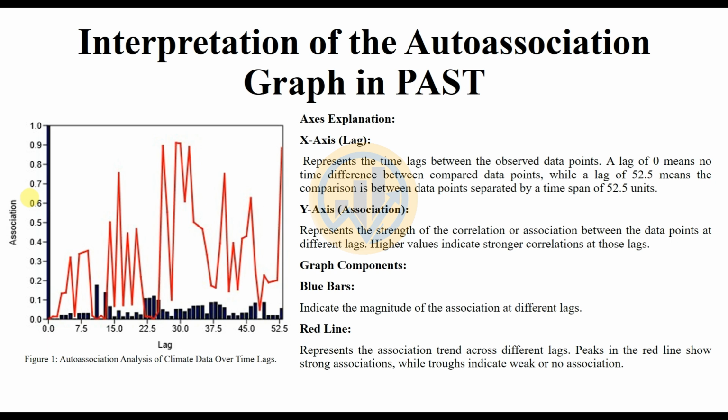As for the graph components, the blue bars indicate the magnitude of association at different lags, and the red line represents the association trend across the different lags. The peaks in the red line show strong association, while troughs indicate weak or no association.